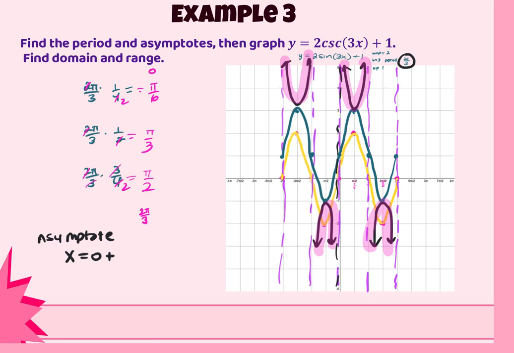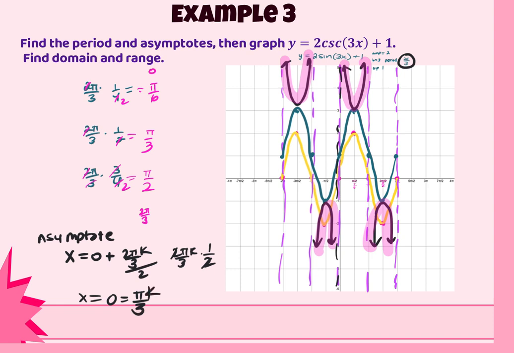So I have to do my period, which is 2 pi over 3, multiply it times k, and multiply it by a half. So 2 pi over 3k times a half is pi over 3k.